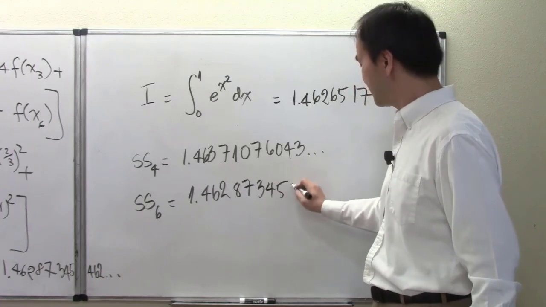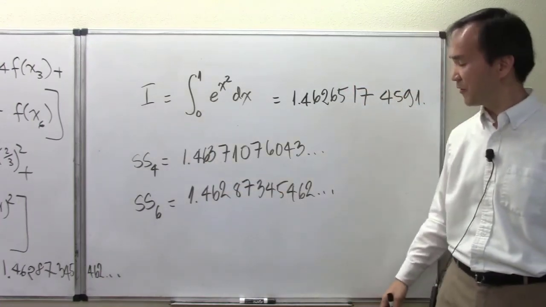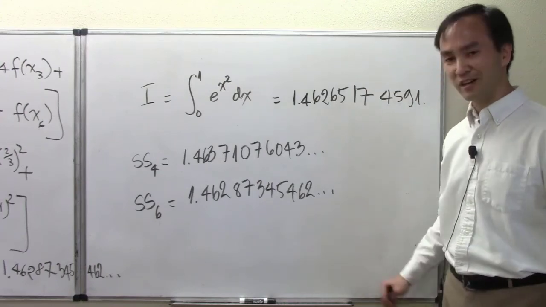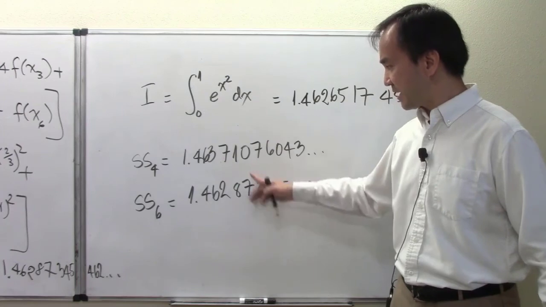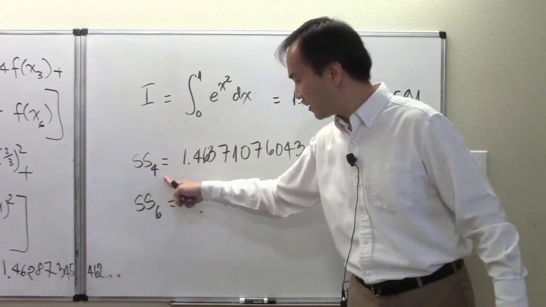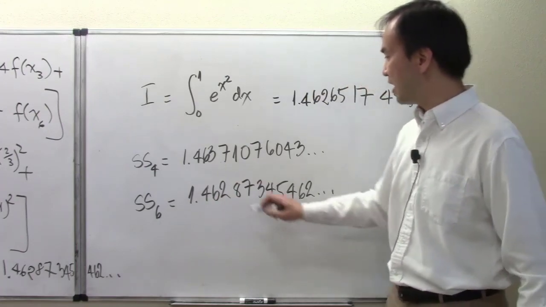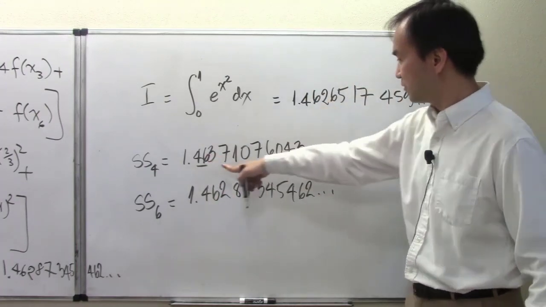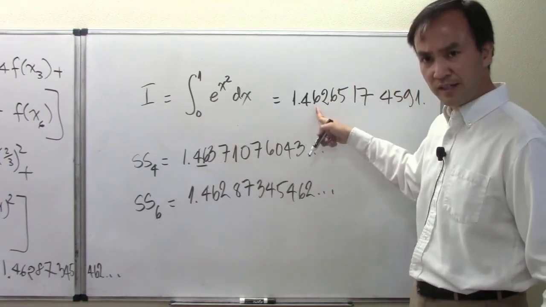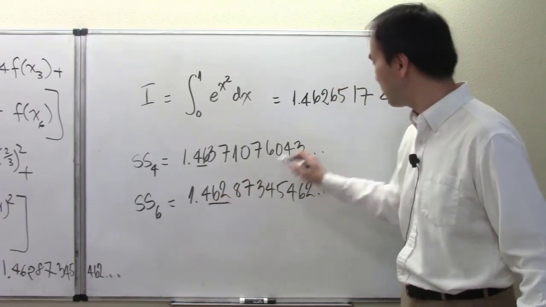The answer 1.46287345462 is still here from my other board, so it saves me from swinging back and forth between the board and the computer station. So these are the answers for Simpson's rule using 4 subintervals and Simpson's rule using 6 subintervals. With 4 subintervals, as I underlined earlier, it's close within 2 decimal places already, and here we're close up to 3 decimal places.